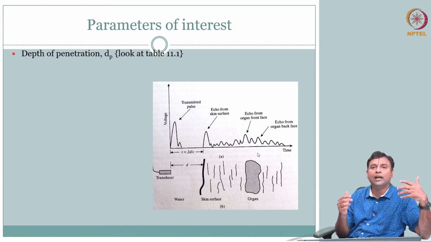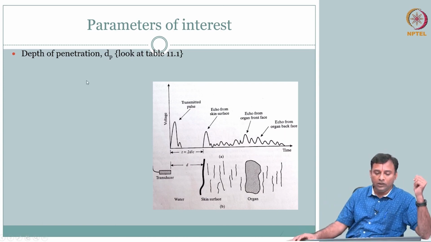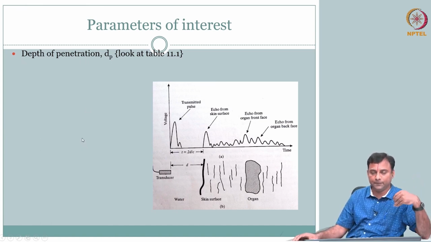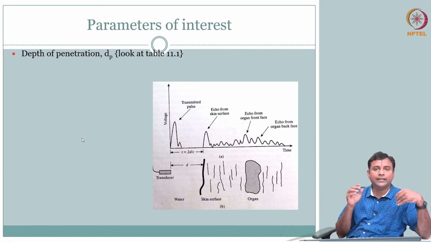You are not able to amplify the signal preferentially, so you will just amplify noise as well. So depth of penetration is the threshold that you set beyond which you believe that you cannot separate the real echo from a random artifact, a random background noise.